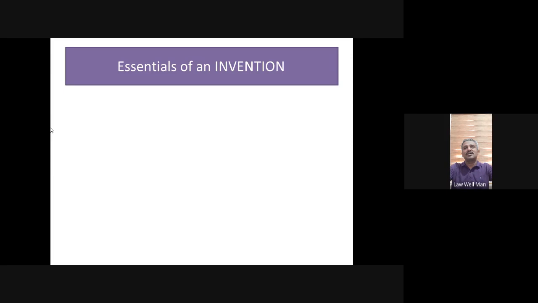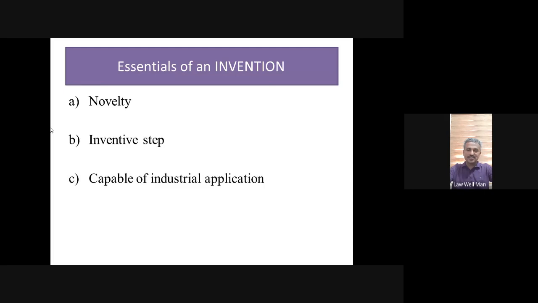Inventions which are patentable will have to comply with certain qualifications, and those qualifications are called essentials of a patentable invention. As you might know already, there are three essential qualifications a patentable invention should comply with. The first one is novelty, second one is inventive step, and third one is capable of industrial application.